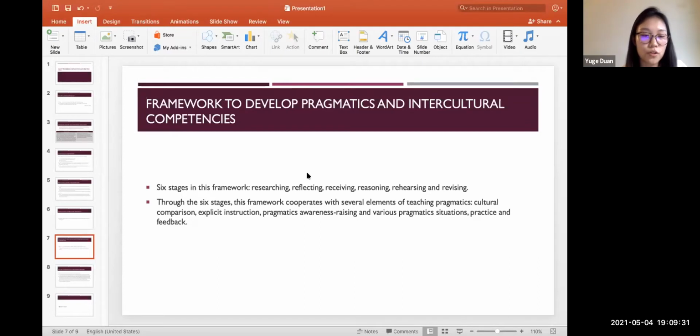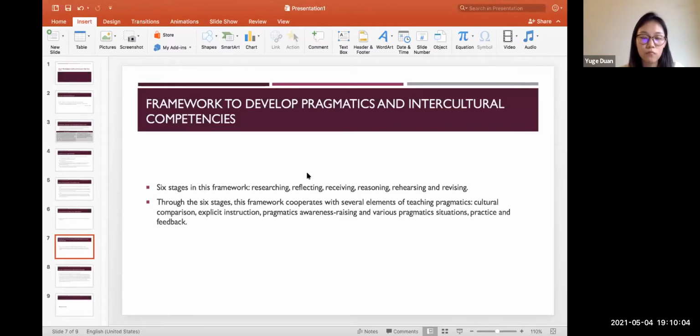So learners applied their pragmatics knowledge in communicative tasks and then received feedback about their performance. So through these 6 stages, the framework incorporates several elements of teaching pragmatics, like cultural comparison, explicit instruction, pragmatics awareness raising, and various pragmatics situations, practice and feedback.